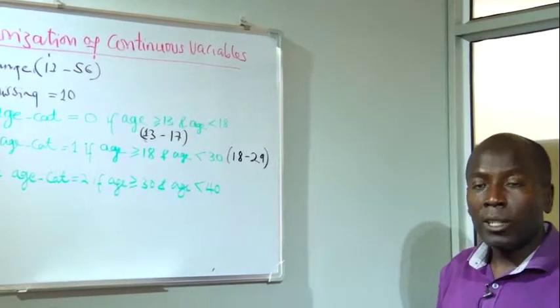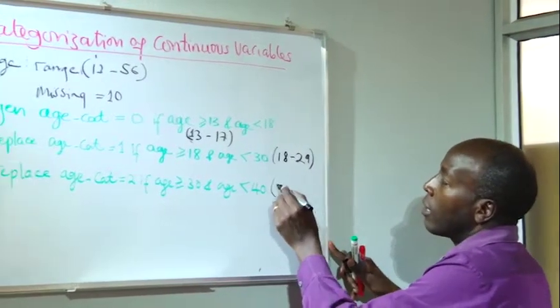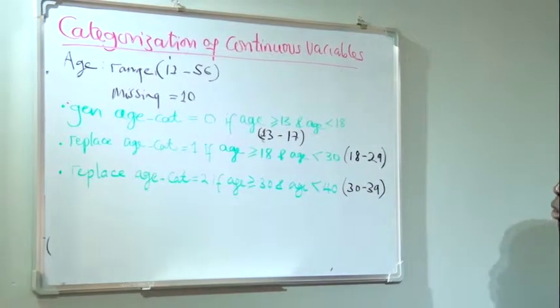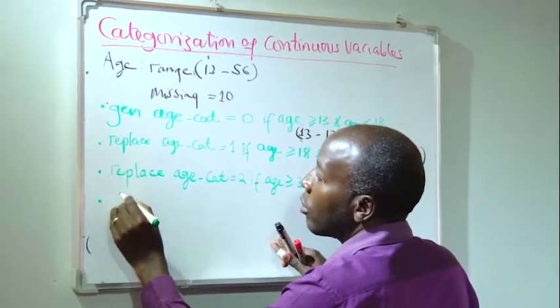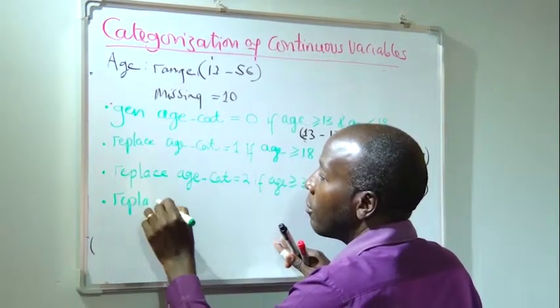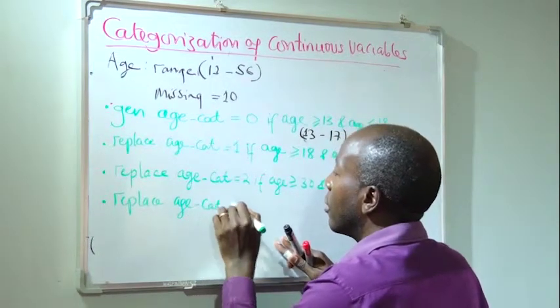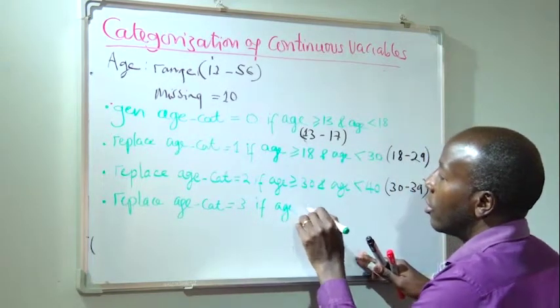In that case, we are creating an age bracket that is 30 to 39. And then we can now say maybe we want the last one to be 40 plus, and say replace age cat is equal to 3 if age is greater or equal to 40.